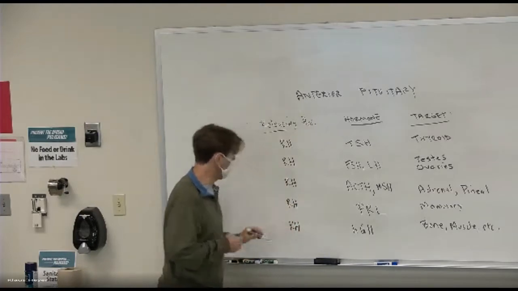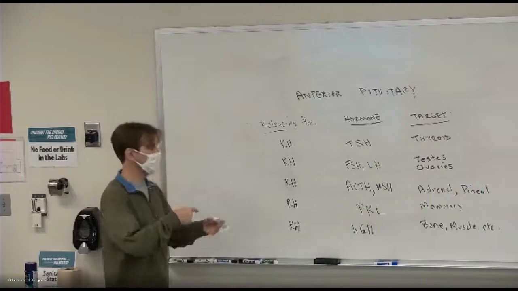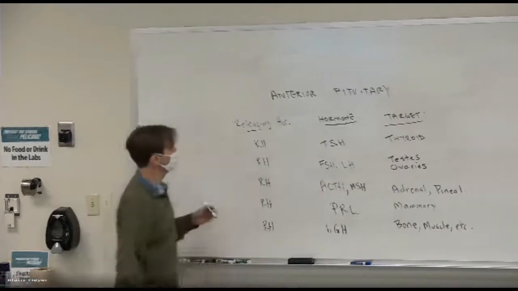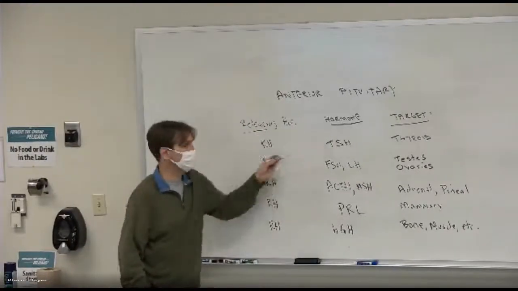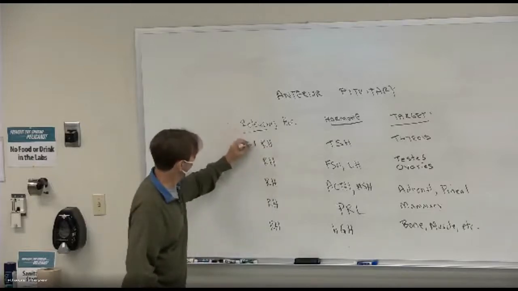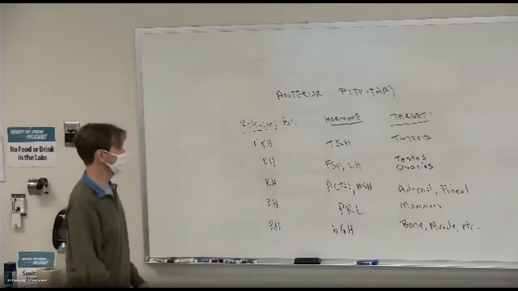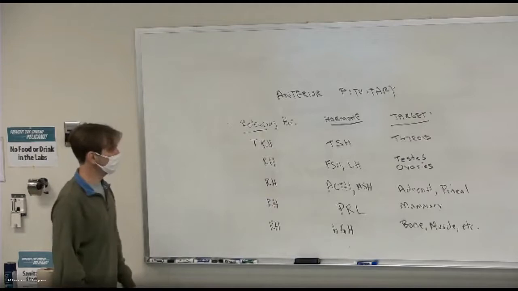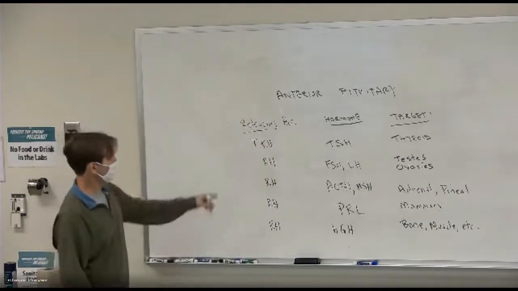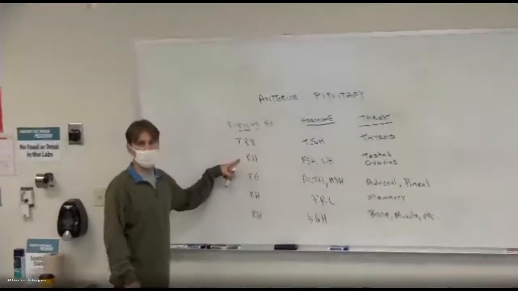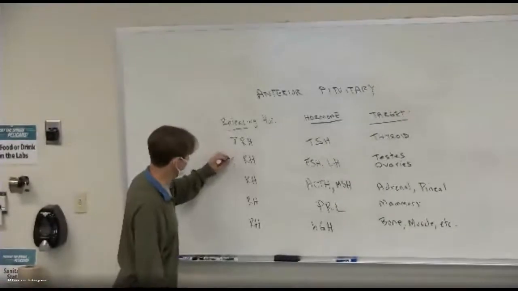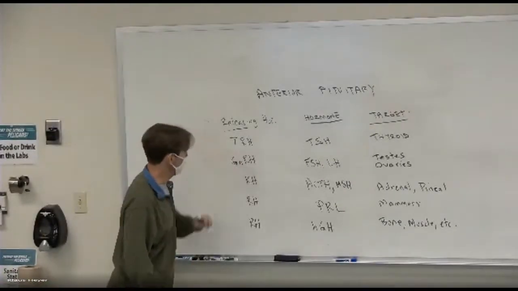So what's the hormone that gets those cells going and causes this to be released? Well, this one we already know: TT. Gonad, gonad. Instead of writing gonad, we're just going to put GN for gonad, big G, small n.